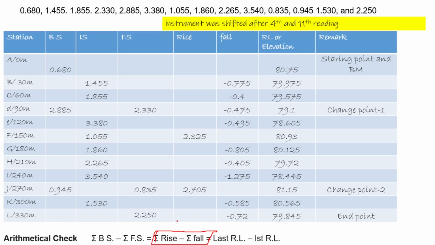You can see the summations are there: summation of backsight, summation of foresight, summation of rise, summation of fall, and this is your last RL, this is your first RL. If you have solved it correctly, meaning only the calculation, then this equation will be satisfied.